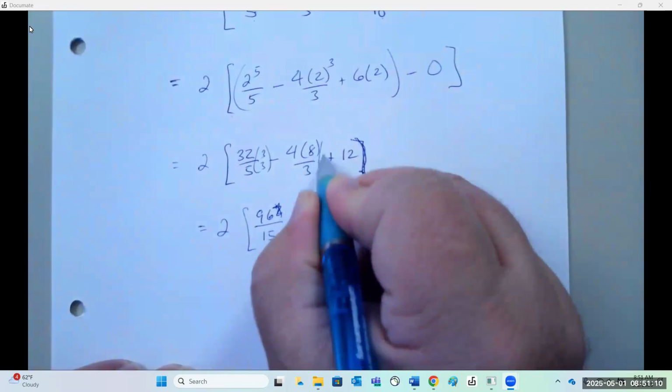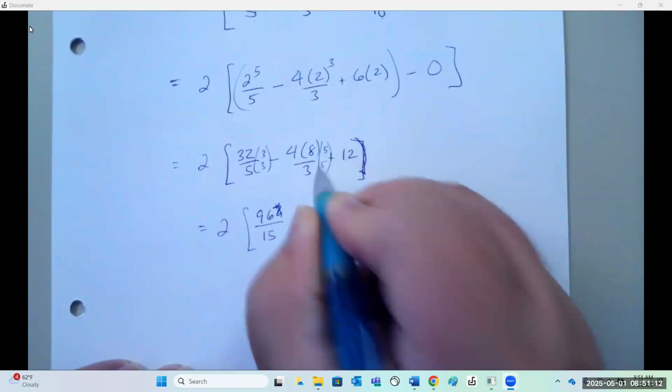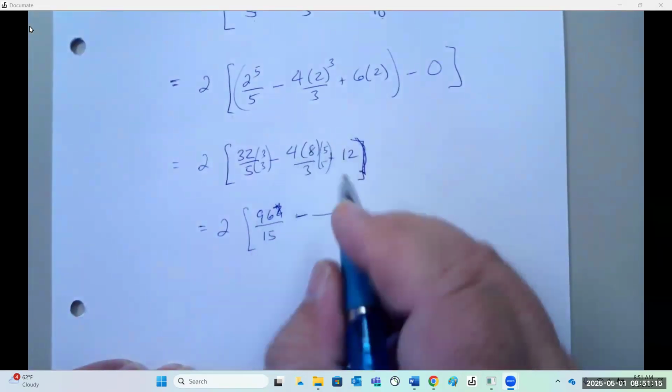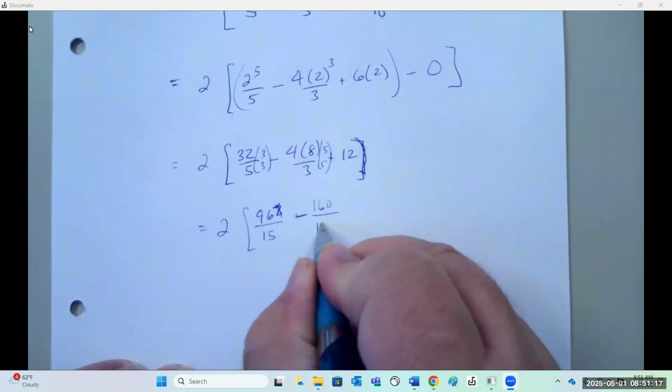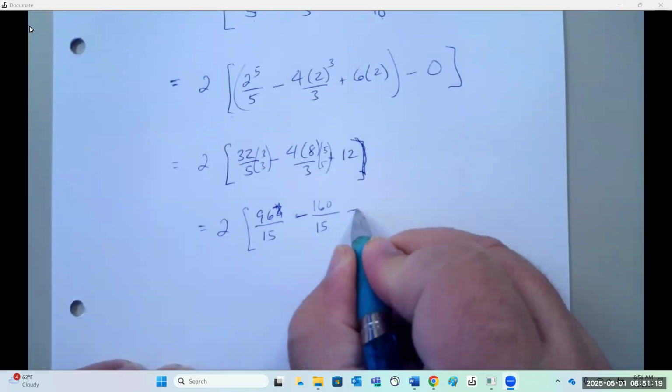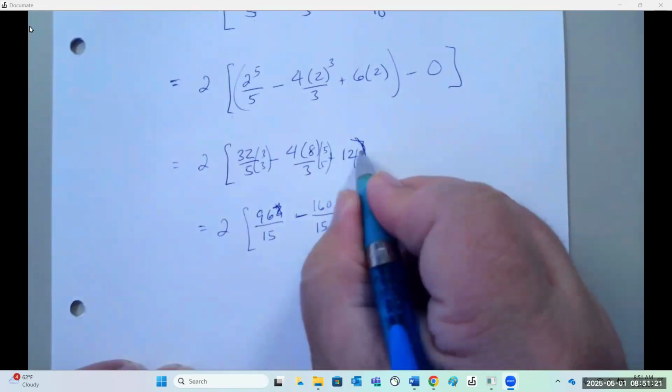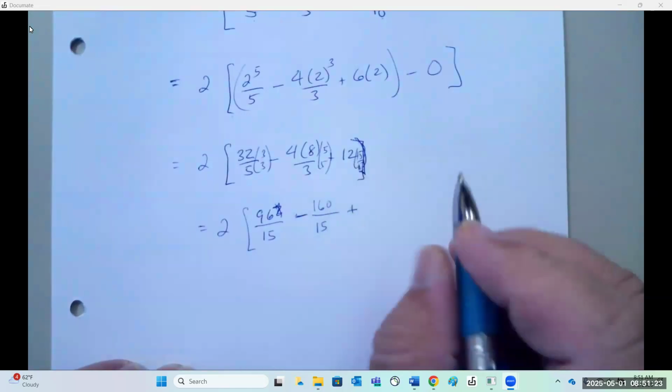This one by 5, 20 times 8 is 160 over 15, plus 12, or 180 over 15.